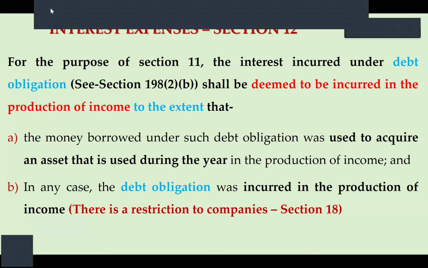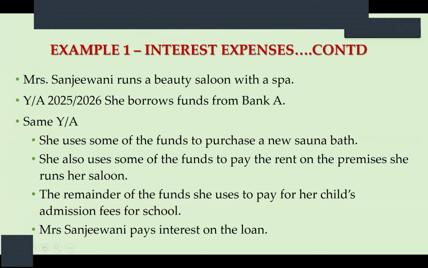So there is an example. It says Mrs. Sanjeevani runs a beauty salon with a spa. So in 2025-26 she borrows funds from bank A. Same year of assessment, so she borrowed money from a bank, and she used that borrowed money for the following purposes.